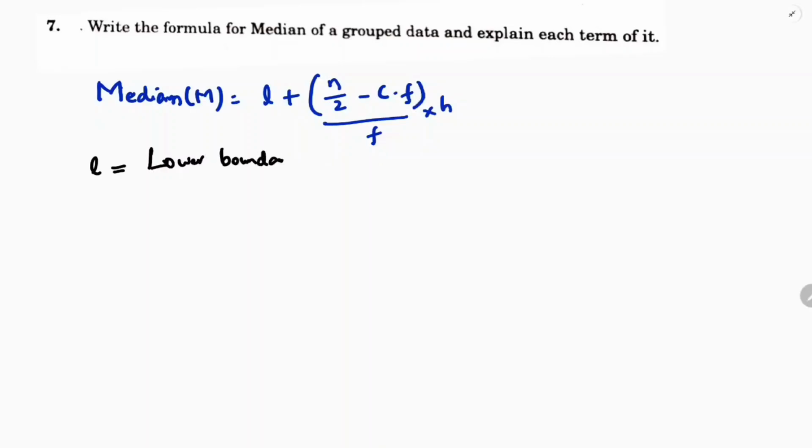L is lower boundary of the median class. N is total frequency.